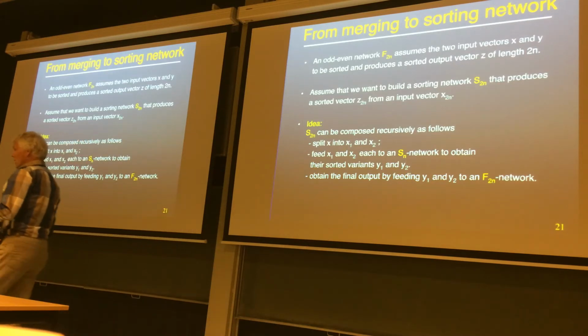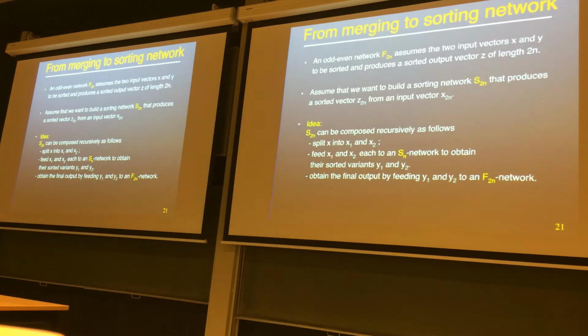And here I apply the same idea as before. We just assume that we have such a sorting network, and in an inductive way we build a larger sorting network from it. So suppose that you would like to build a sorting network that's capable of producing a sorted vector of size 2n from an arbitrary input vector of size 2n.